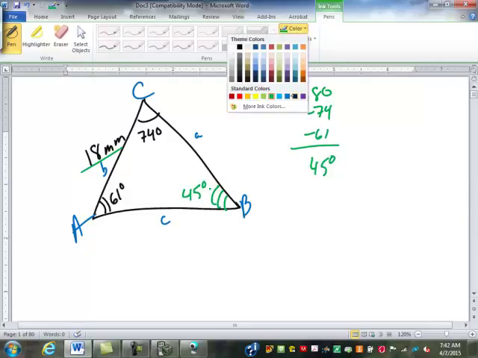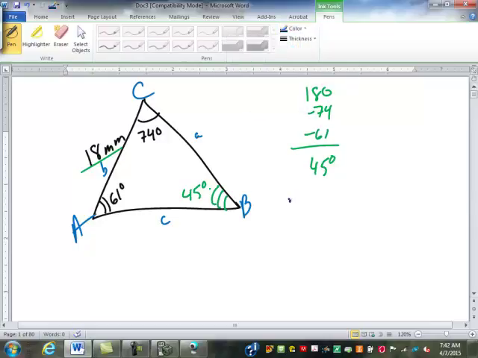What do we do from there? 18 over the sine of 45 degrees equals, which side do we want to find first? Let's do side A. Where does the A go? Over sine of 61 degrees.